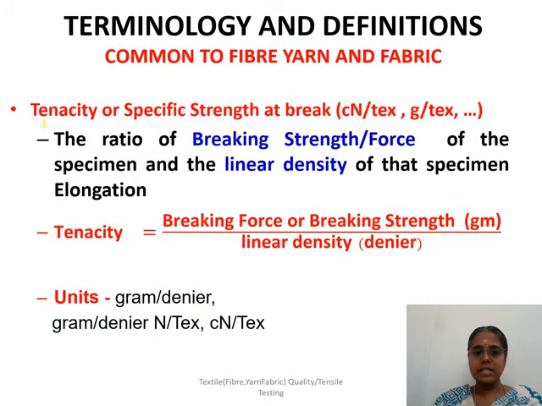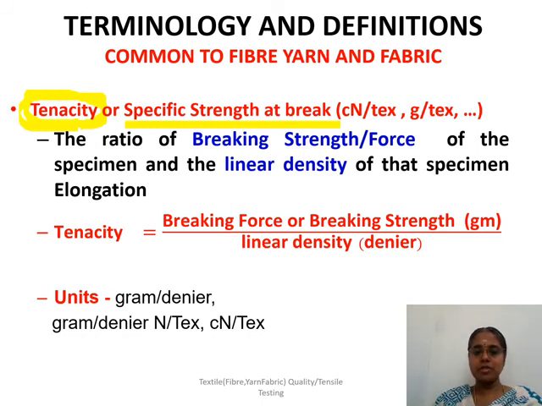Next is tenacity. Tenacity is specific stress at break. Like load at break is called breaking load, similarly, specific stress at break is called tenacity. This is a very important term used in textiles. The tenacity of a textile material is very important, and this has to be found for any fiber or yarn to compare with other materials.